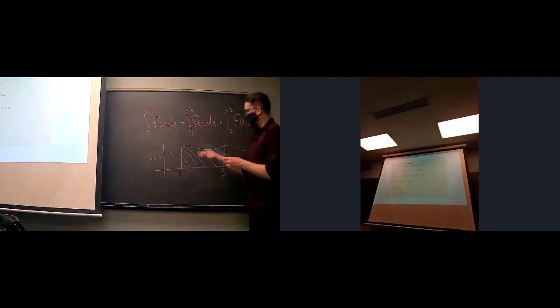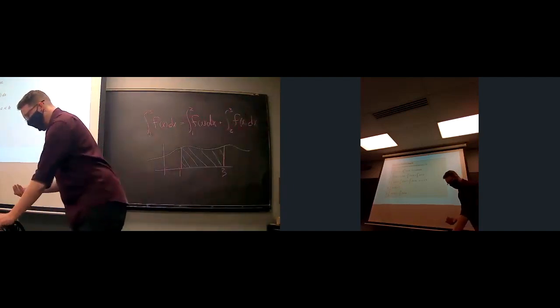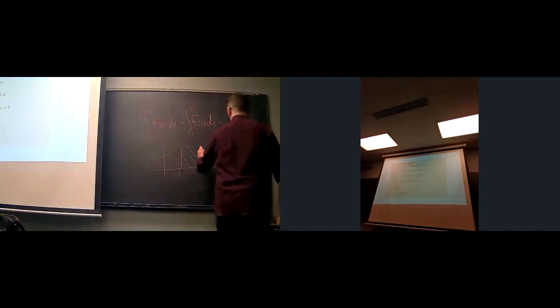Now, doing the same thing from 1 to 2, that is this half, and from 2 to 3, that is this half. Well, if we add those two areas back together, we get the original area, right? So that's where this third property is coming from.